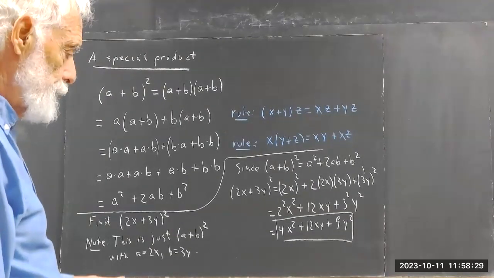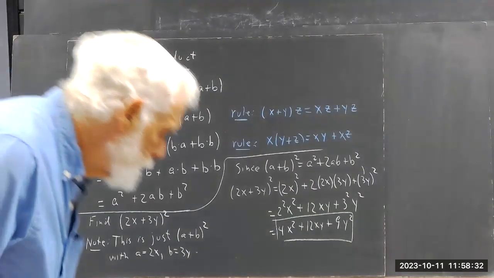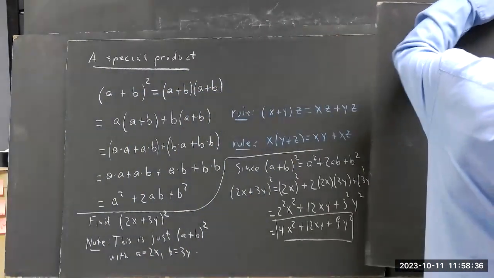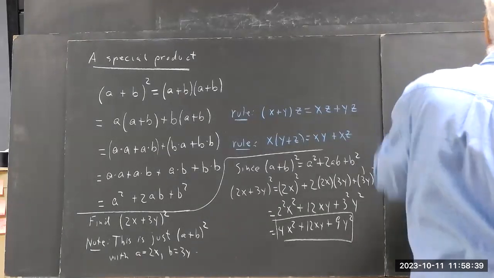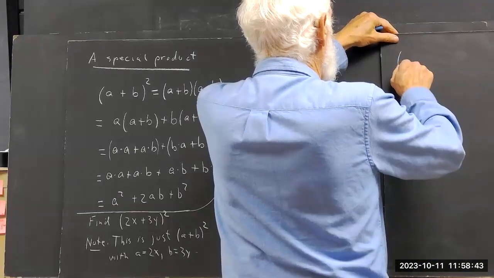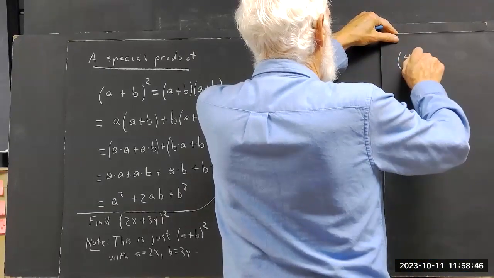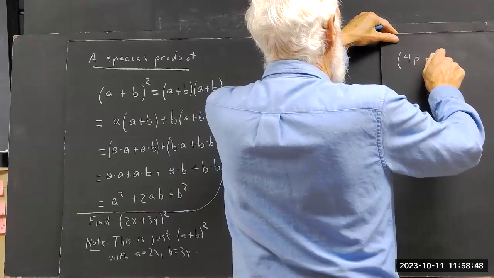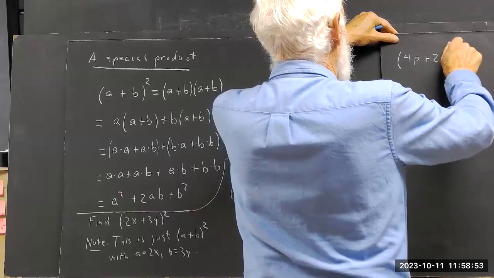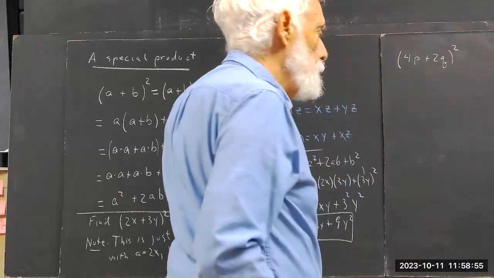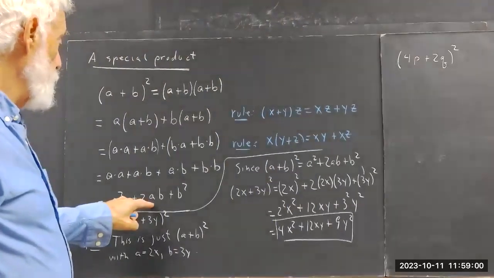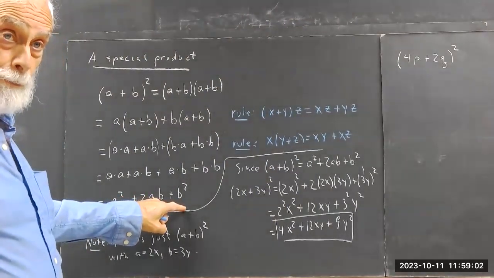So let me ask you to see if you can follow what I did, and calculate the square of 4p plus 2q, using just this formula, a squared plus 2ab plus b squared.